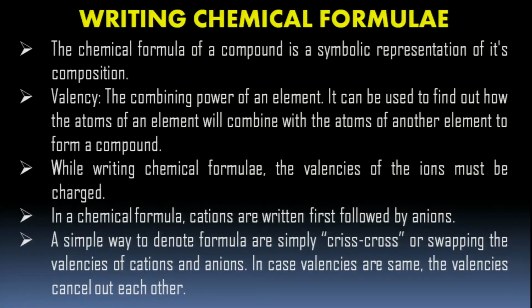Okay. A simple way to denote formula is simply crisscross or swapping the valencies of the cations and anions. In case valencies are the same, the valencies cancel each other. What is that crisscross and what is that swapping? This is just the interchange of the valencies among the elements. Let's see how this happens and how we can write the chemical formula.